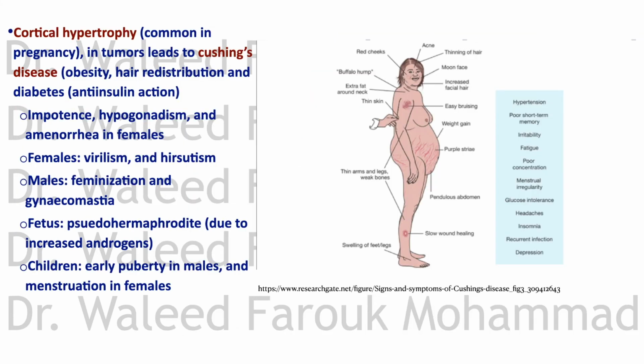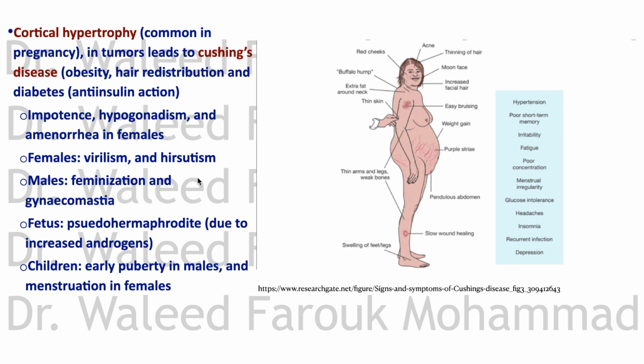And the other way around, if there is hypertrophy of the cortex of the adrenal gland, there is a physiologic hypertrophy that occurs normally in pregnancy, and there is a pathologic hypertrophy, like in tumors, for example Cushing's disease or Cushing's syndrome, in which there is obesity, hair redistribution in females and males, and diabetes, because there is an anti-insulin effect of the hypertrophy.